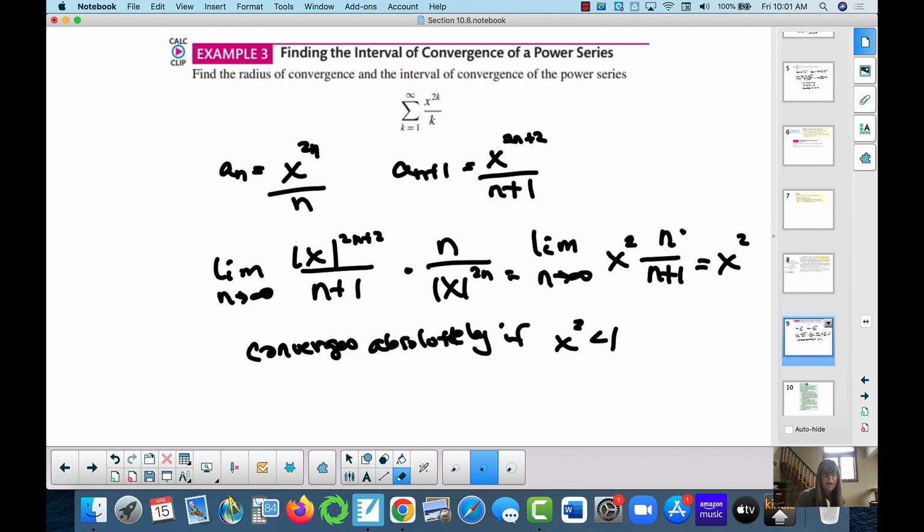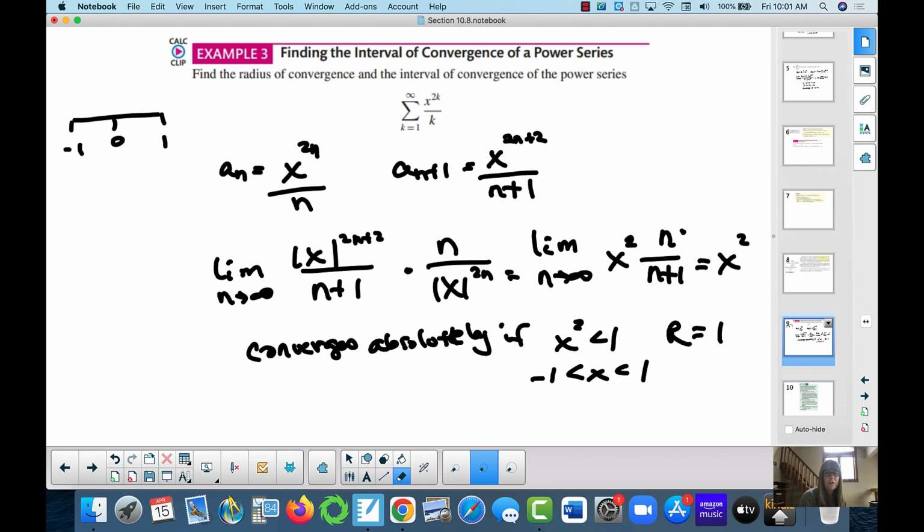It's our ratio test. It has to converge absolutely if the limit is less than 1. Well, that's the same thing as x is between -1 and 1. So this was a series that was centered at 0. So that tells me that my radius of convergence is 1.